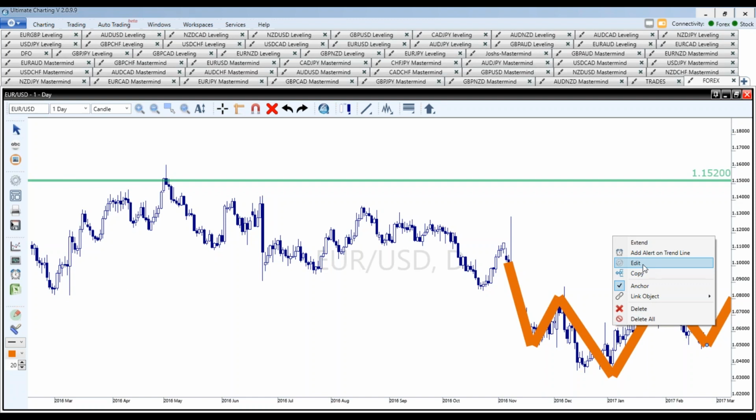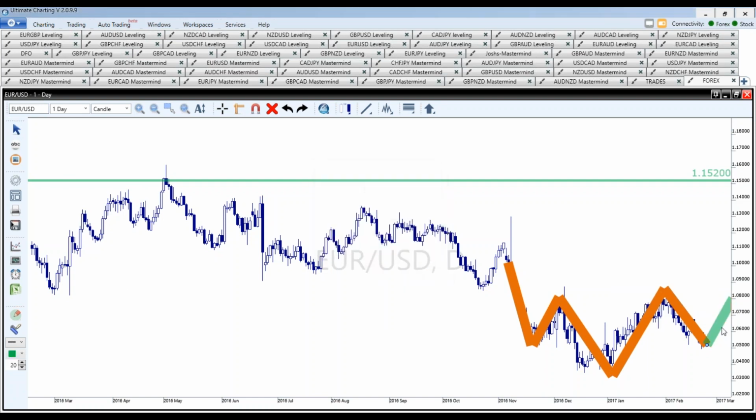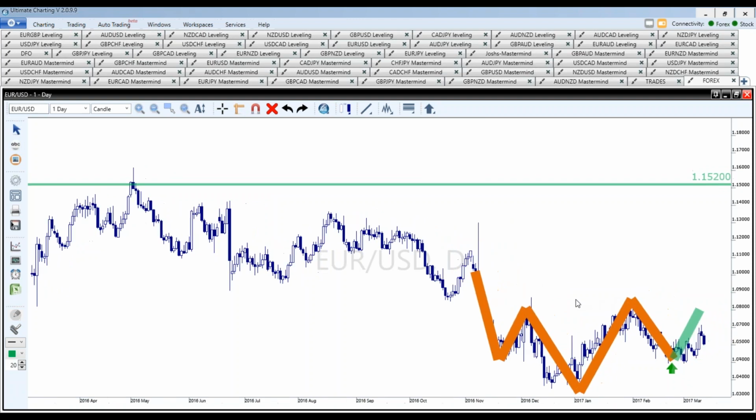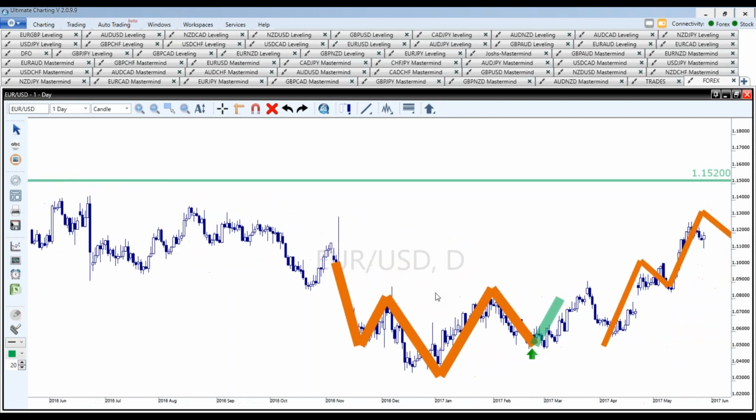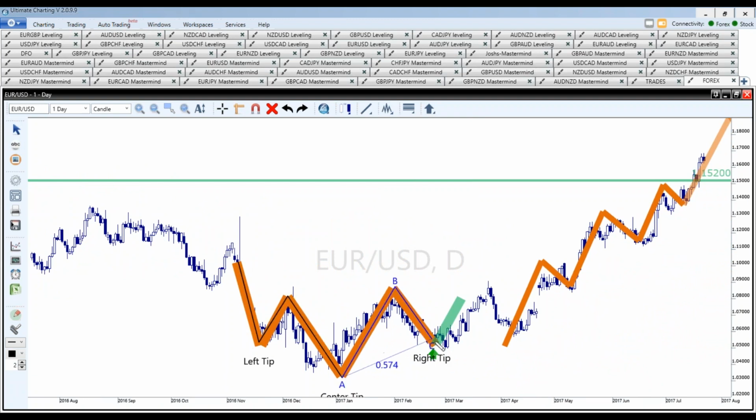This is what you want. You want to buy the market there, because that is symmetrical to your left tip. And watch what happens. Market goes up. Type in a yes if you can clearly see the crown formation that formed when the market transitioned from the bear control to the bull control.